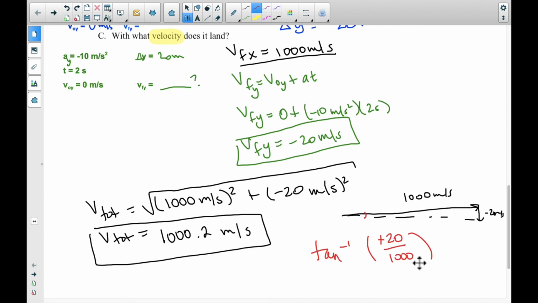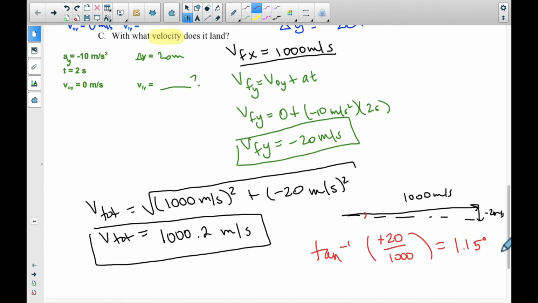So we can do that with our angles. So we're going to put that into my calculator. Make sure you're in degree mode. And when you plug that in, you should get, we'll call that 1.15 degrees. Mostly horizontal, right? There's not a whole lot of vertical to it.